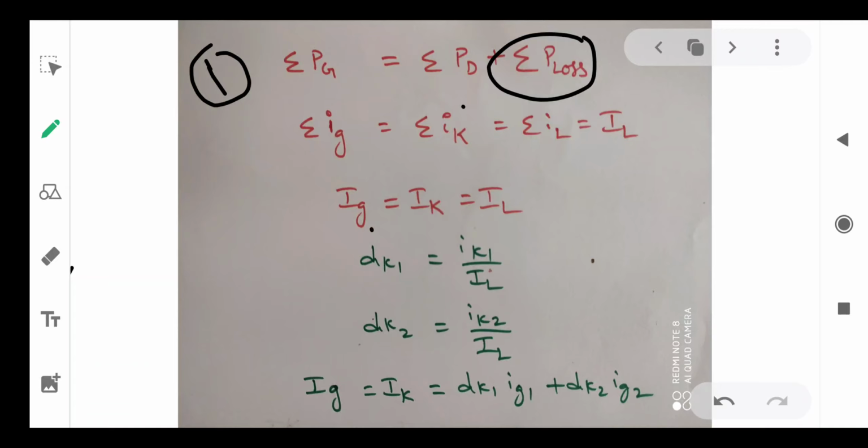Therefore Ig equals Ik, which is the current through the transmission lines, so Dk1 into Ig1 plus Dk2 into Ig2. Dk1 is the current distribution factor of transmission line 1 and Dk2 is the current distribution factor of transmission line 2.